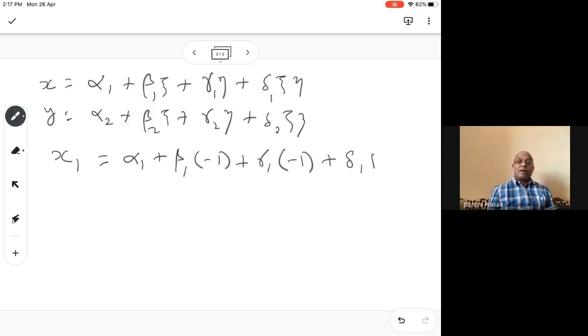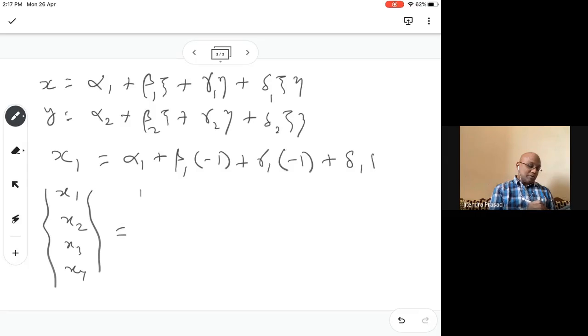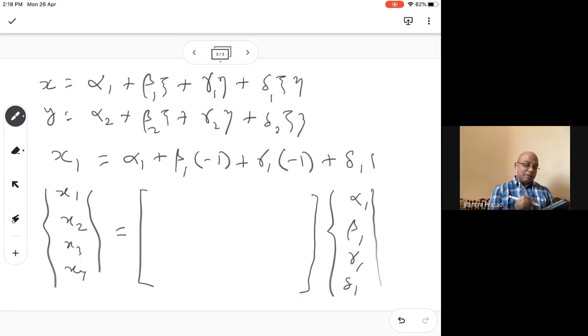And so on. So basically, x1, x2, x3, x4 will be equal to a matrix multiplying alpha 1, beta 1, gamma 1, delta 1.